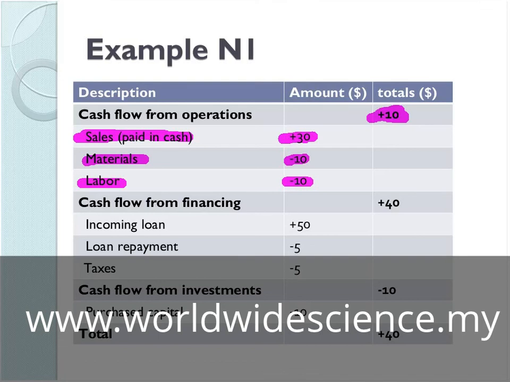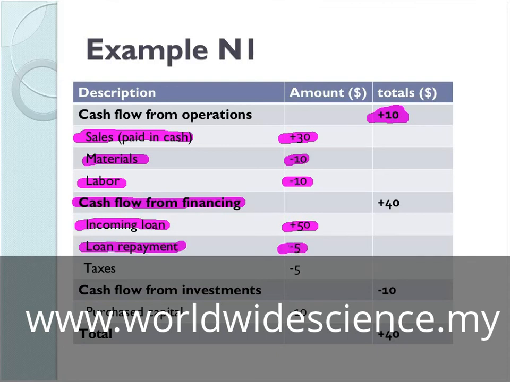So let's see the cash flow from the financing. We have some incoming loan. Loan we get from the bank, plus 50, right? We got cash in our accounts. Loan repayment, we must pay some interest expenses based on these loans.